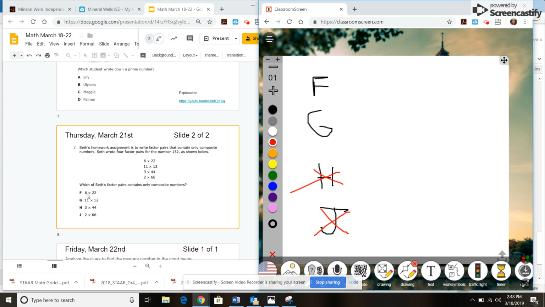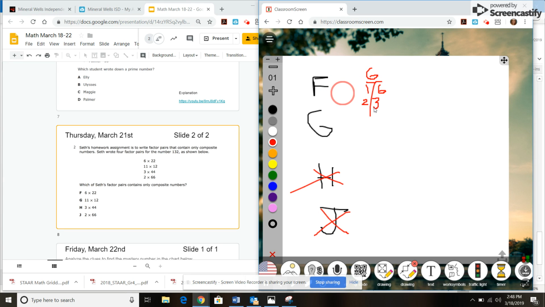So which factor pair only contains composite numbers? Well, if we remember that 2 is our only even prime number, then these two even numbers must be composite. But we can prove that by doing our T-chart. We can have 6, where we have 1 and 6 as factors, and we have 2 and 3.